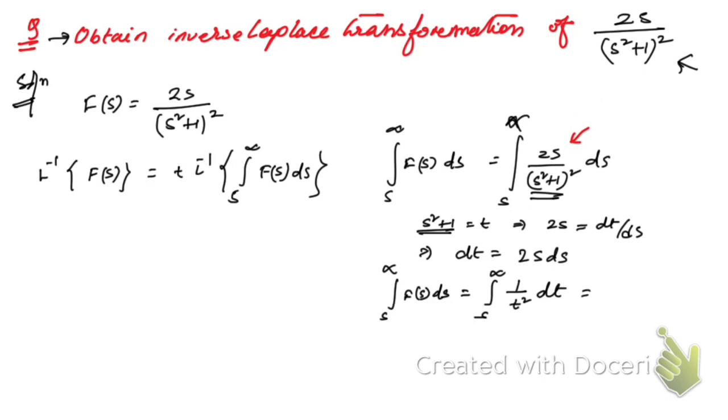So 1 by t square means the integration of t to the power minus 2, which is t to the power minus 2 plus 1 by minus 2 plus 1, that is t to the power minus 1 by minus 1, which is minus 1 by t.